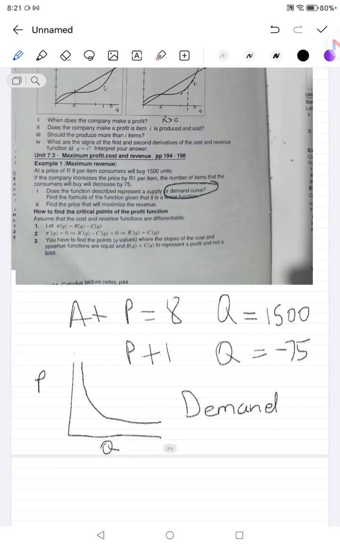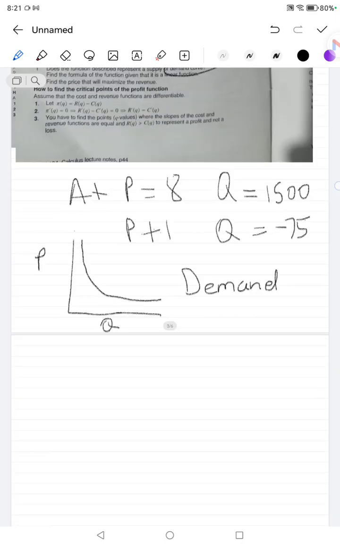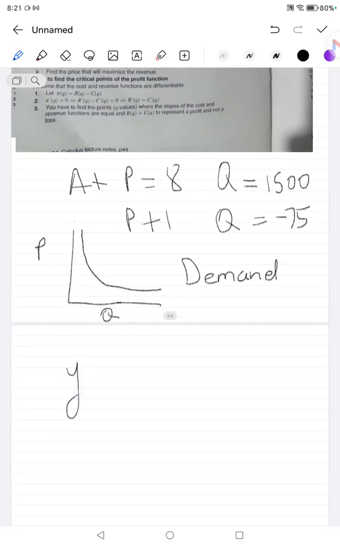Then they say find the formula of the function. Given that it's a linear function, you know your linear function is given as y equals mx plus c. So that's basically your linear. Then you know your slope, your m, is equal to your delta q over your delta p.